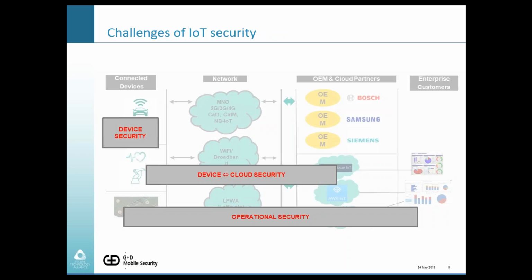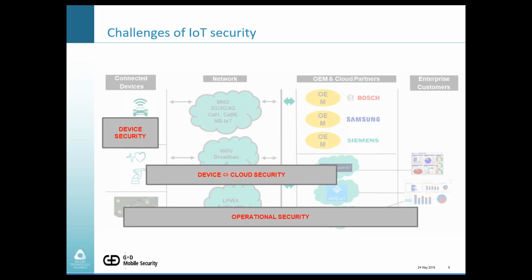So when we have such complexity, where do we feel that the security challenges are? So I broadly put them into 3 buckets. The first one is device security, which is the security posed by the firewalls and the other things that go into the device itself, right? And how the device itself can be made secure.